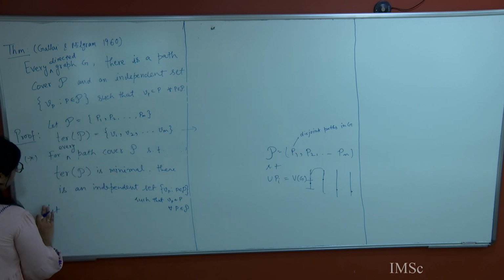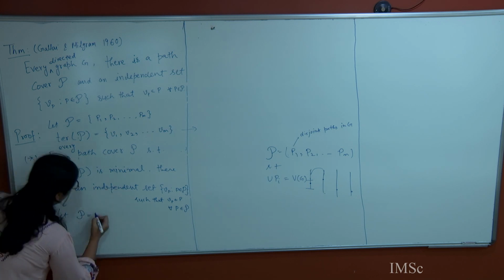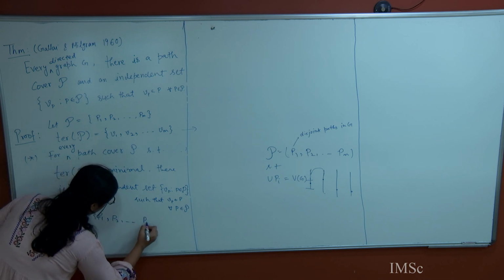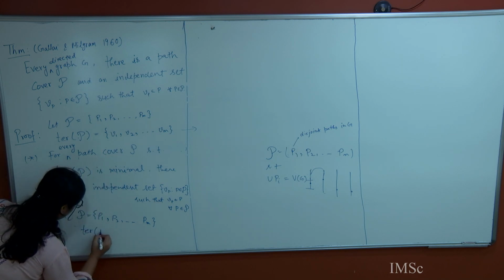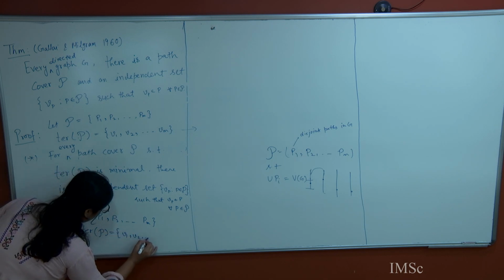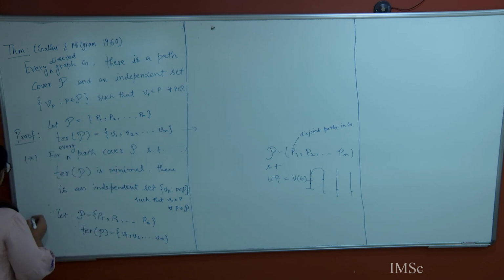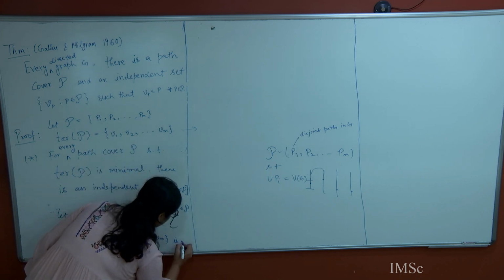It means this. Okay, so we have path cover P1, P2, ..., Pm, and its terminal set is V1, V2, ..., Vm, and this is minimal.